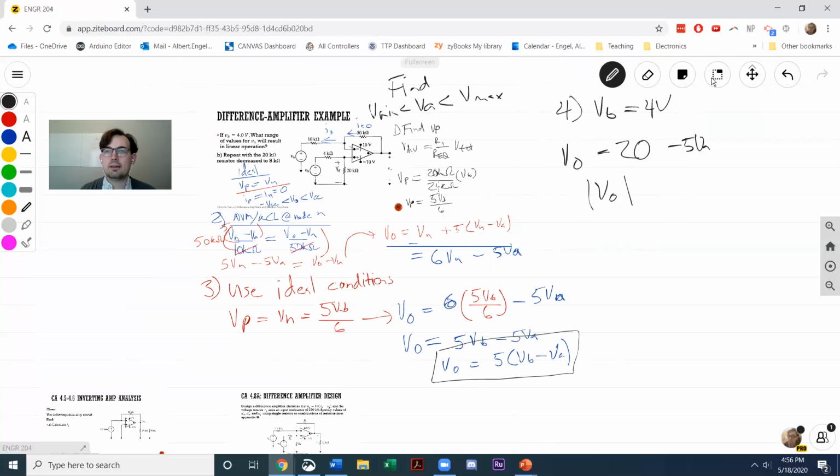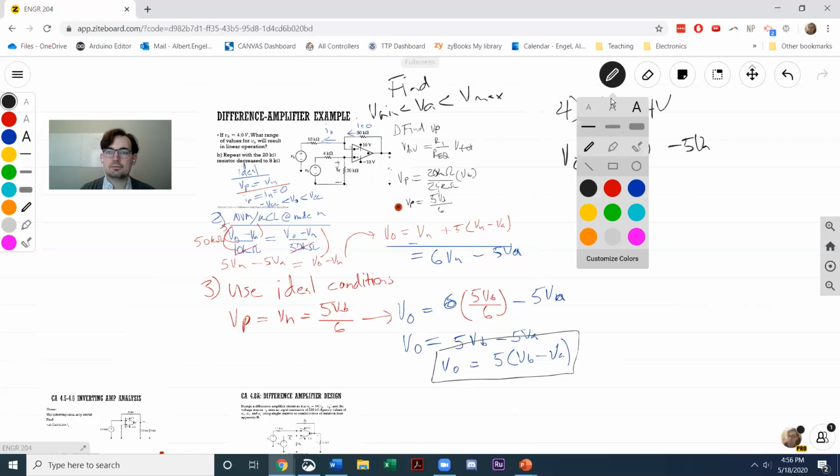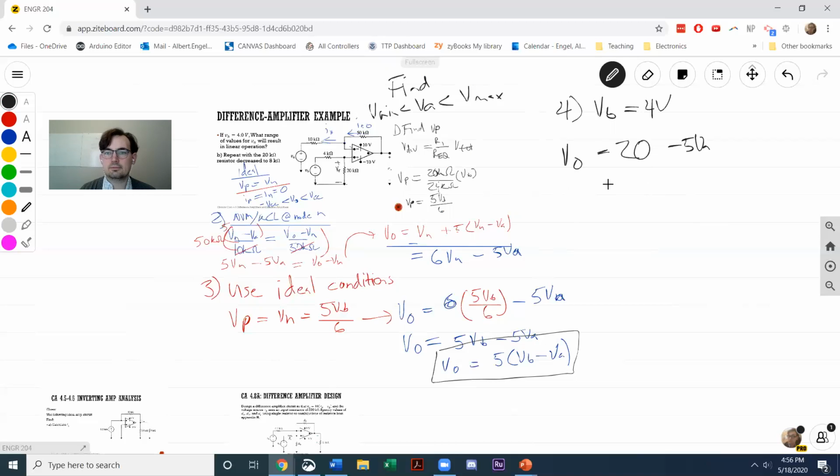We're basically saying we want that V output to be between our two values. That's one of our ideal conditions, that our V naught is going to be between those two values. So we're saying this is 10 volts and negative 10 volts.